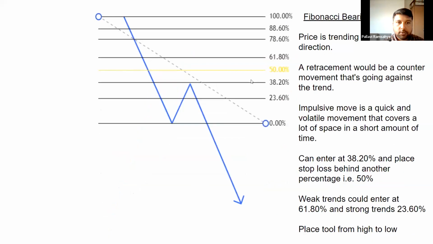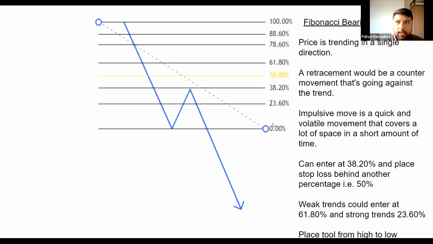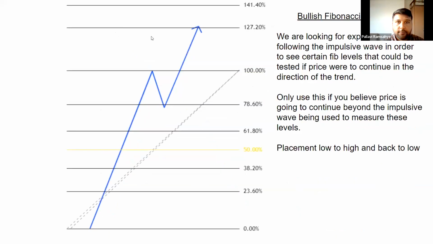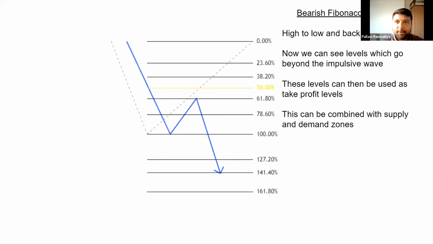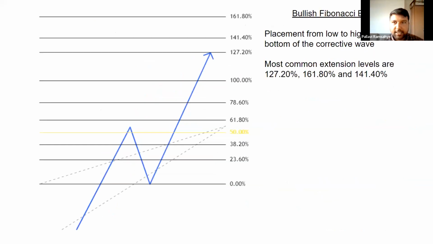Now let's move to the last type of Fibonacci move, which is, sorry, I'm just fighting with the chat box and the presentation. It's the extension. The only difference being we're still looking for target zones.